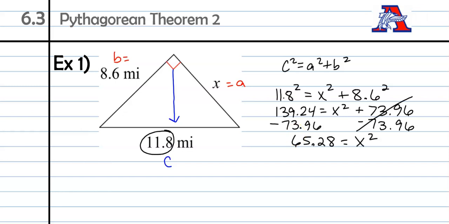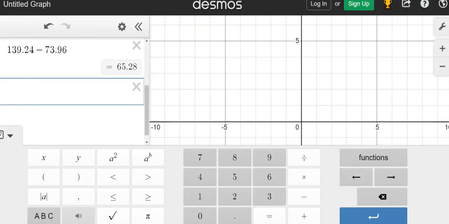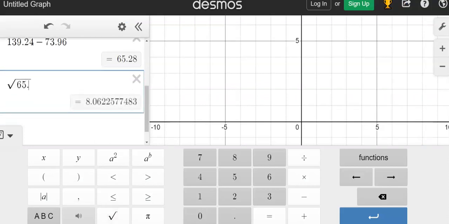Now we can take our final step, which is to take the square root of both sides to get x by itself. X is going to be approximately, rounding to the nearest hundredth, so I'll take the square root of 65.28 on the calculator.